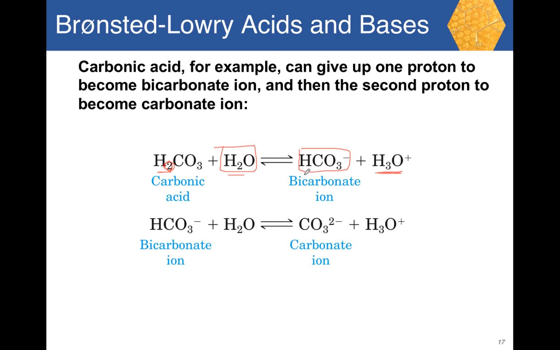This intermediate here is also acidic because it has a hydrogen. So let's look at that reaction with water. So this is a hydrogen. It can give it up to water over here, so you can take it to form another mole of H3O plus. And what's left behind is this anion, which is now the conjugate base of this acid.